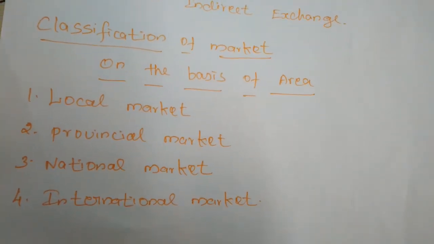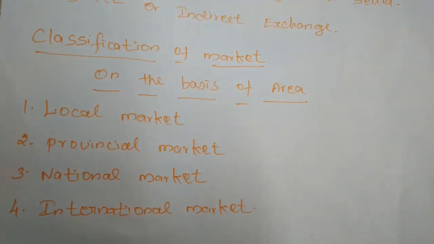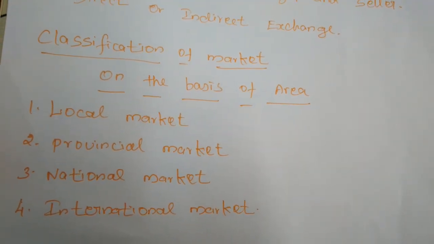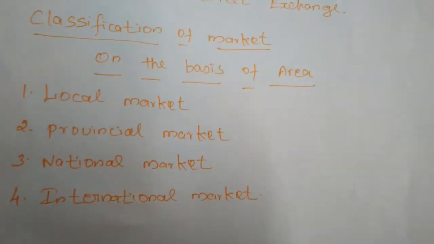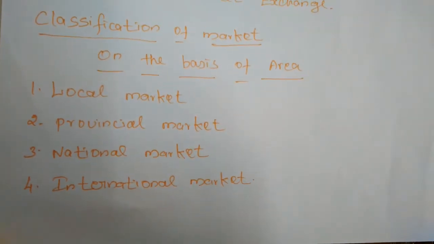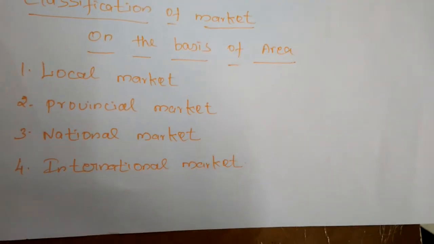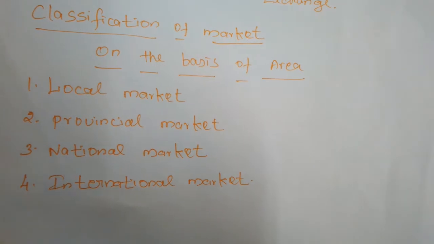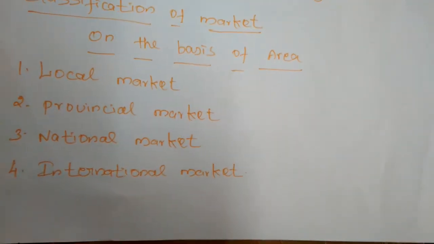Next is the national market. In a national market, a product is produced within the geographical or political boundaries of one nation. If a product is produced and consumed by the same nation itself, it is considered a national market. Next, the international market.